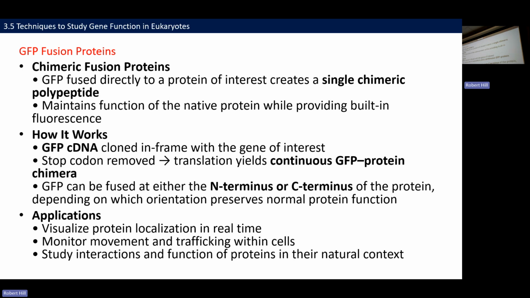Now you have your GFP on either the C term or N term. So, localization is not the only thing you can do with these fluorescent molecules. There have been other applications developed that use the fluorescence ability of these specialized molecules.